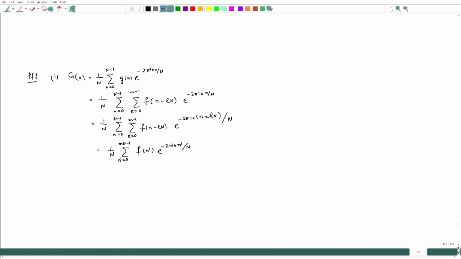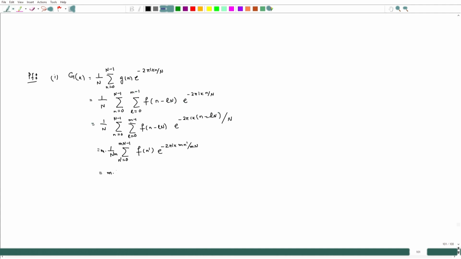So, this I can do by multiplying by m on both sides. I can now write this with mn prime by mn, where m and m get cancelled. So this is 1 by n, and I want a factor of mn, so I can write this as m into 1 by mn.